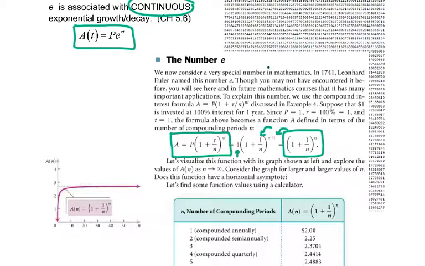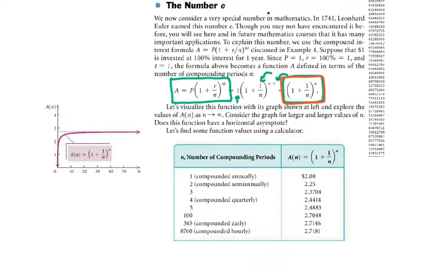So the only thing we have in this piece, 1 plus 1 over n to the n, is my n value. And n is the number of times compounded. So if we look at making those compounding periods more frequent throughout the year: if we compounded it annually, just once that year, we started with $1, we earned 100% interest. At the end of that 1 year, we would have $2.